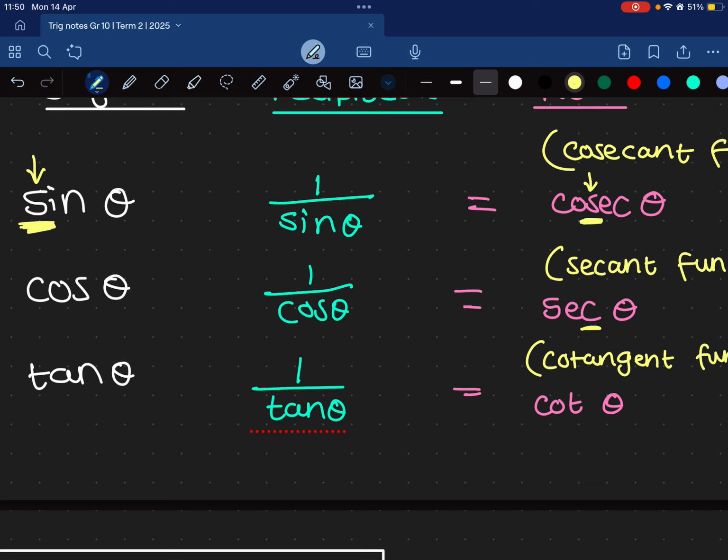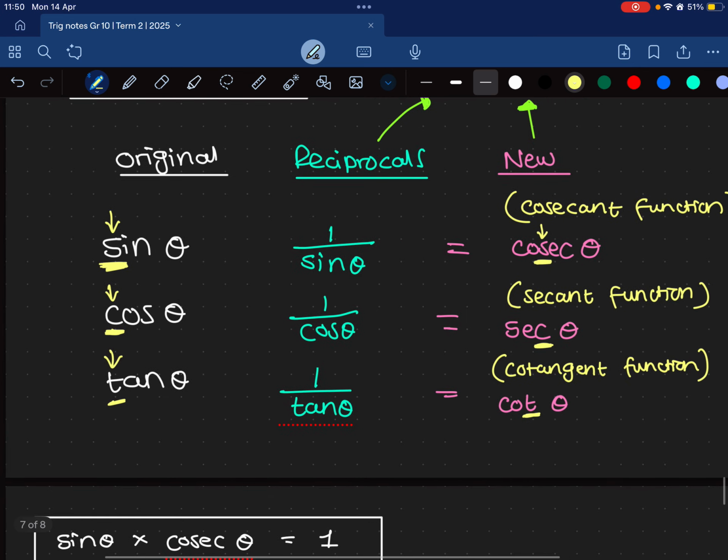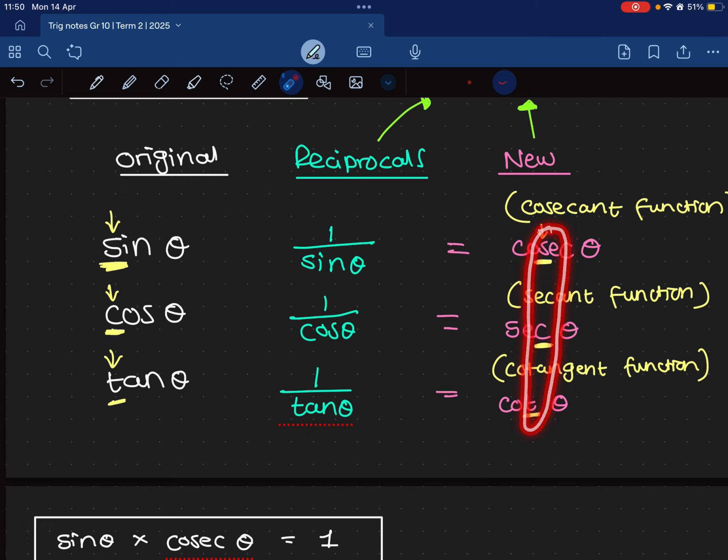If you go to the third letter in sec, you can see it's a C, which is for cos, and the third letter for cot is t, for tan. So that's just a helpful way to try and remember it, that if you look at the third letters of your reciprocals, you'll find that they match the first letters for the originals that they are reciprocals of.